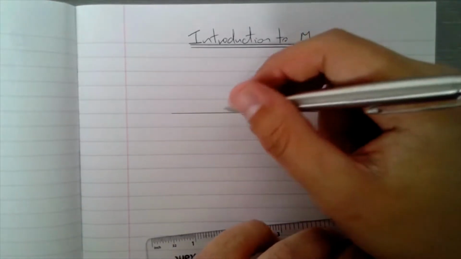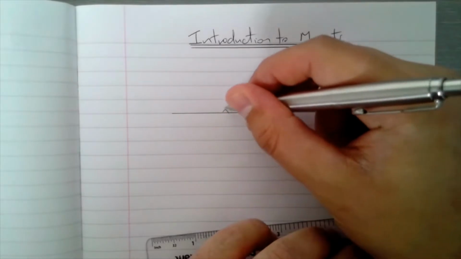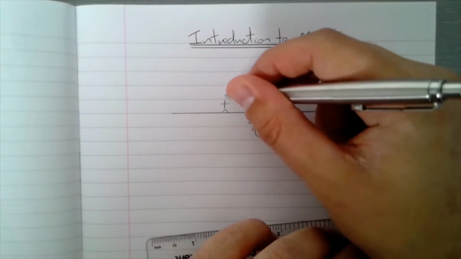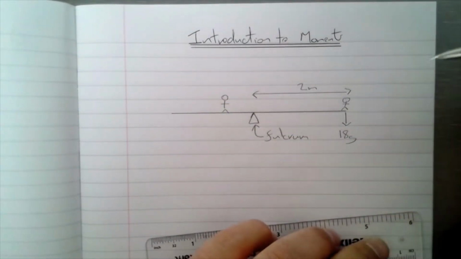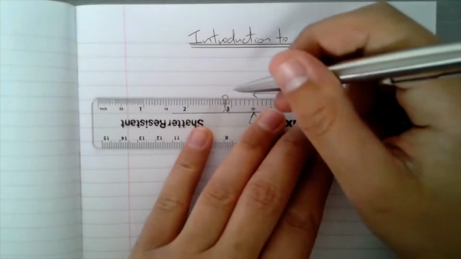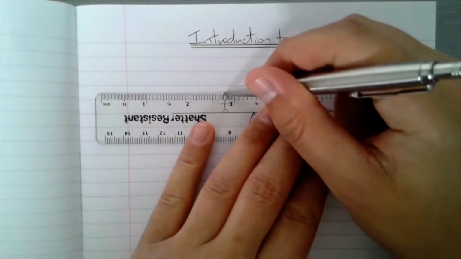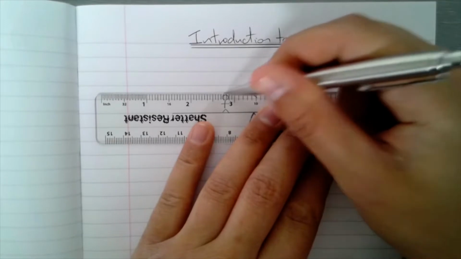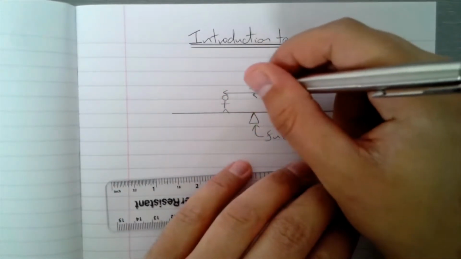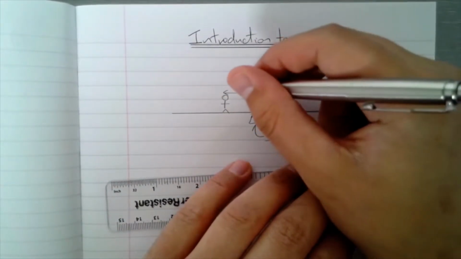Now I'm on the other side, and these are scale drawings. Whenever we go to the park, I sit on the other side and I start thinking about moments because I'm a maths geek.